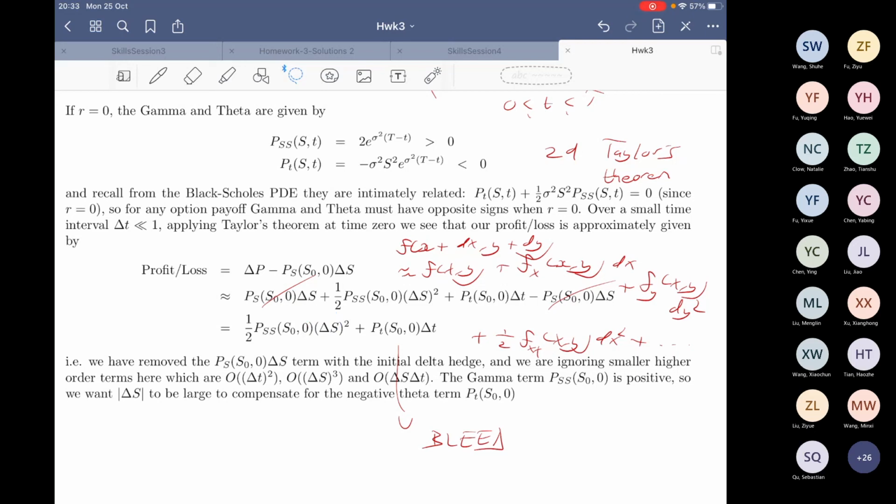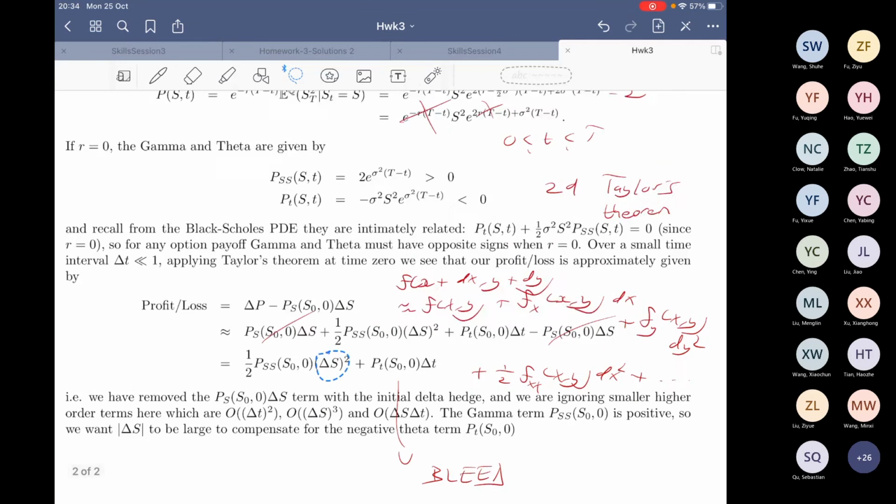So this captures the trade-off of delta hedging options: you're either betting on volatility, i.e. dS being large in a small space of time, or the opposite way around. If your gamma is negative, then you really don't want much to happen over that small time interval. That's quite a nice analysis. It really gives you a feel for how this works in practice.